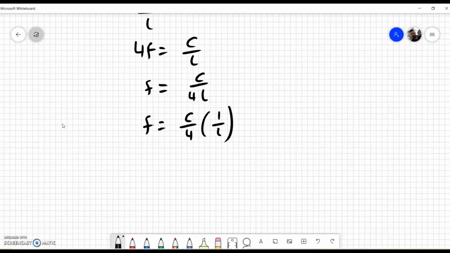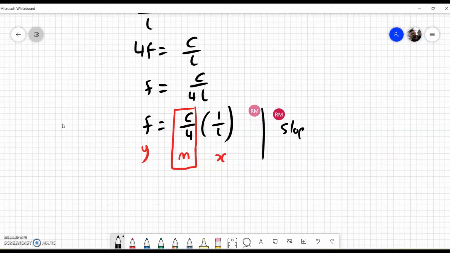If I put my frequency values on my y-axis, and my reciprocal values of the length on my x-axis, that means my slope has a value of c over 4. So my slope is equal to c divided by 4.